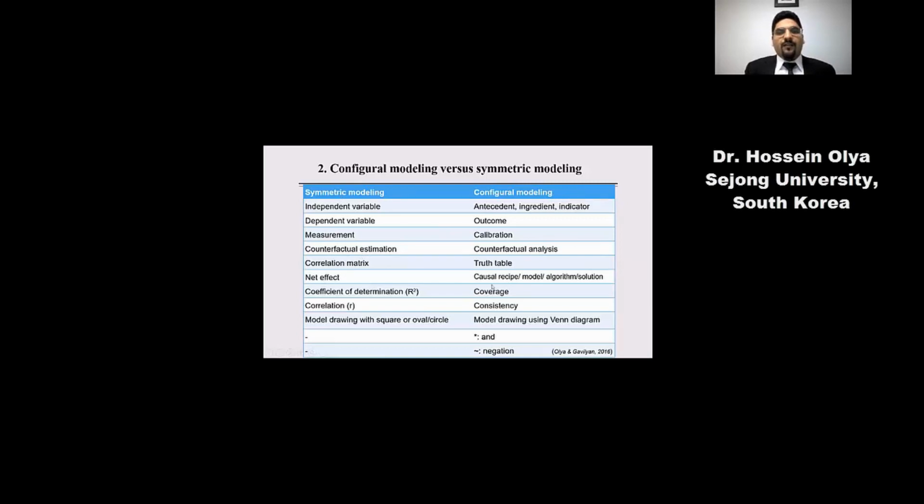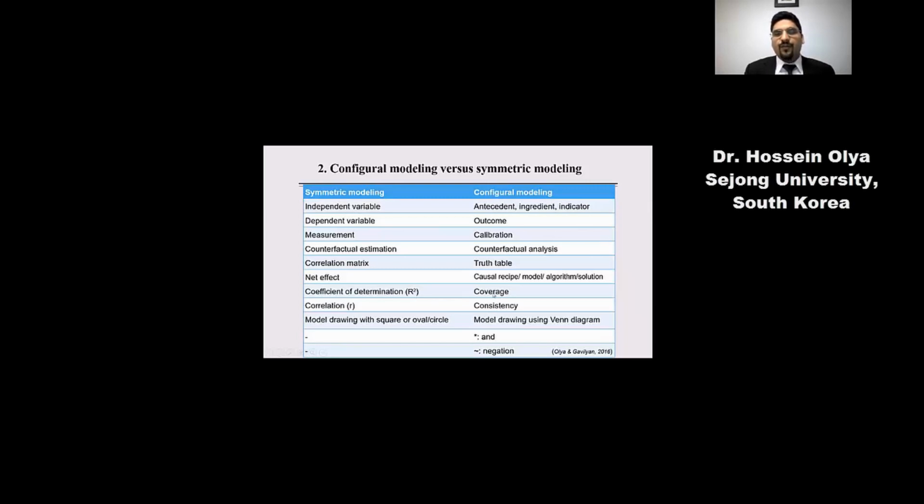We have coverage in configural modeling, which is similar to R square, the coefficient of determination. You know that R square tells us to what extent the variation of the dependent variable is explained by independent variables.